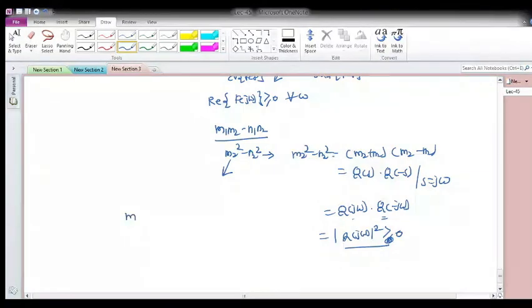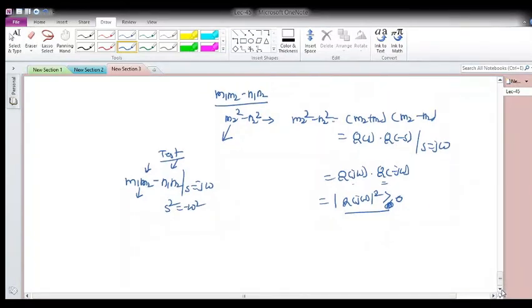Now what remains is m1 m2 minus n1 n2, that is m1 of s into m2 of s minus n1 of s into n2 of s, and I have to evaluate this at s is equal to j omega. These are all even polynomials, so there will not be odd powers of s, always s square. So s square will be equal to minus omega square.